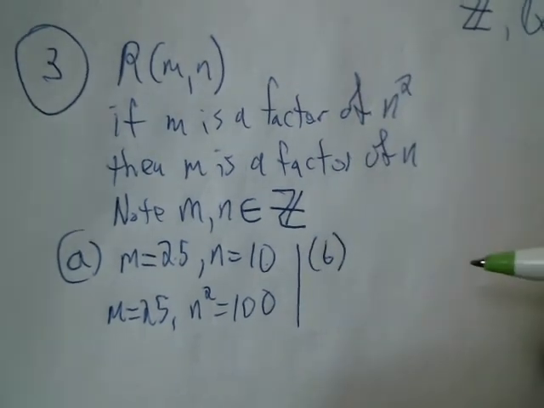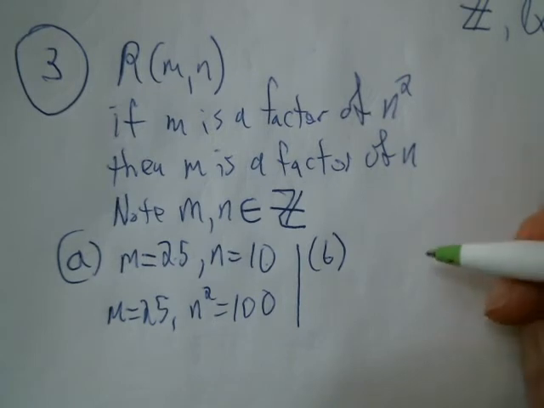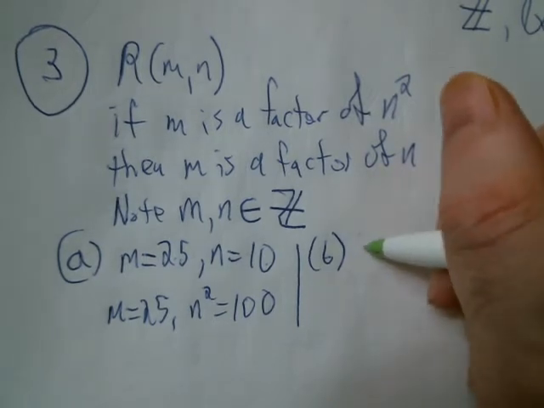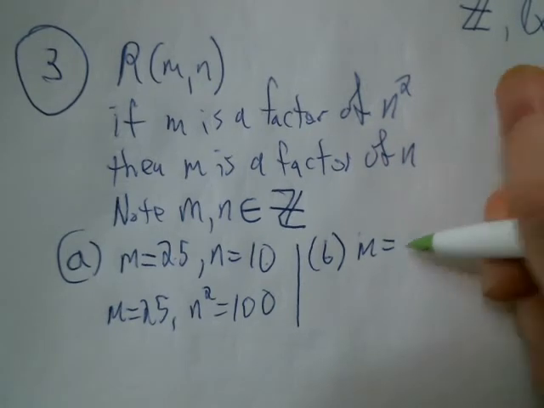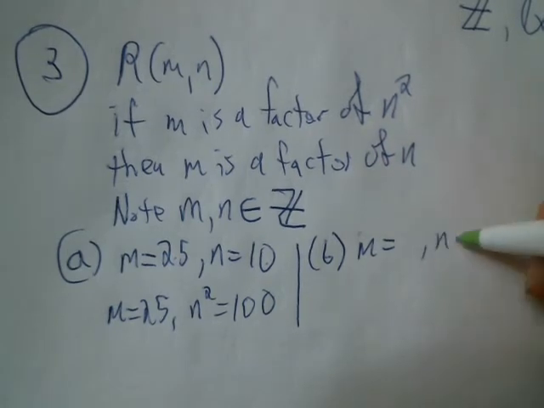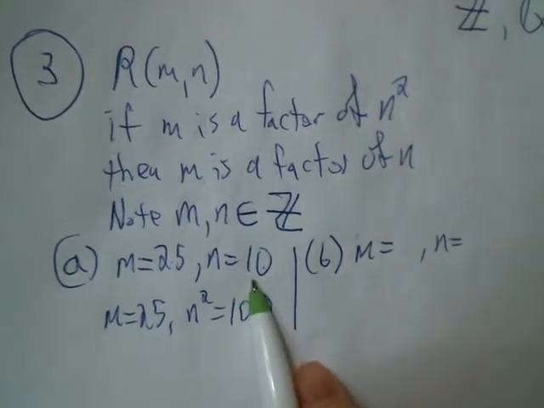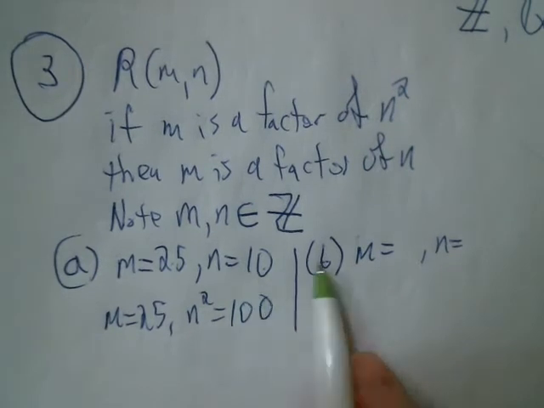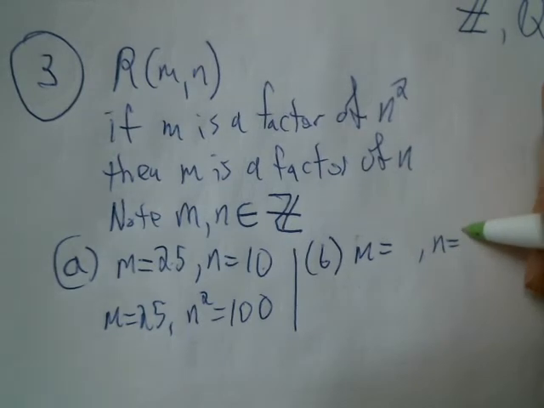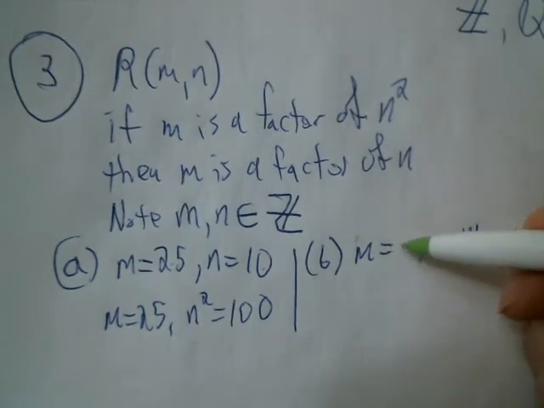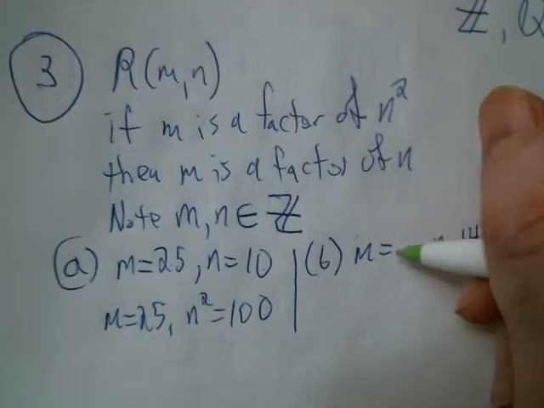Let's look at part B. Give values different from part A for which R of m, n is false. Okay, so you can kind of see maybe there's a pattern here. If this is 5 times 2, let's just do something times 2, right? So let's go 7 times 2, which is 14, and then let m equal 7 squared, right?